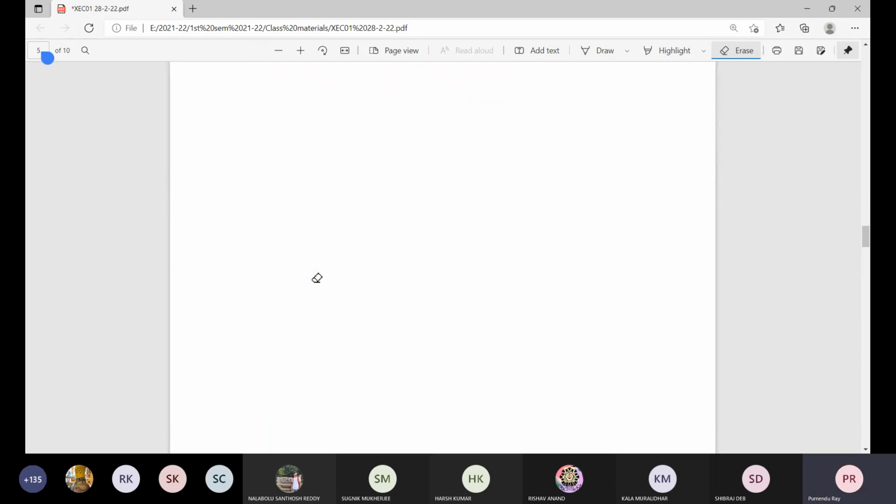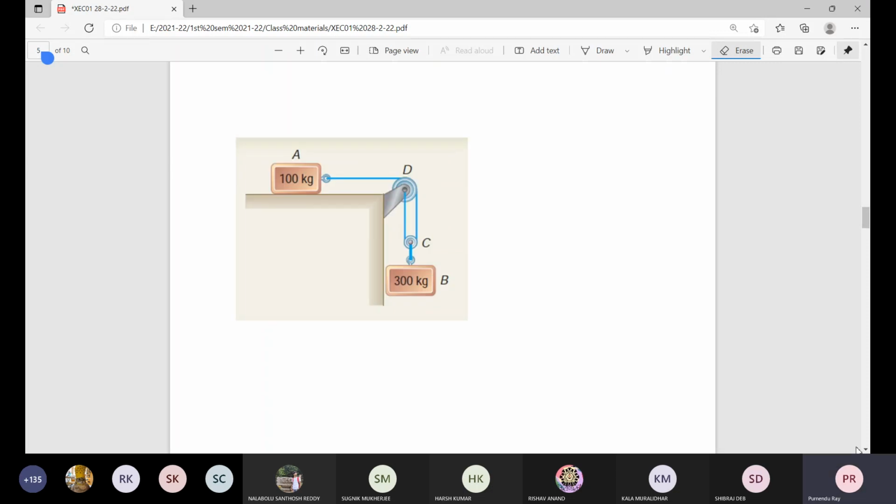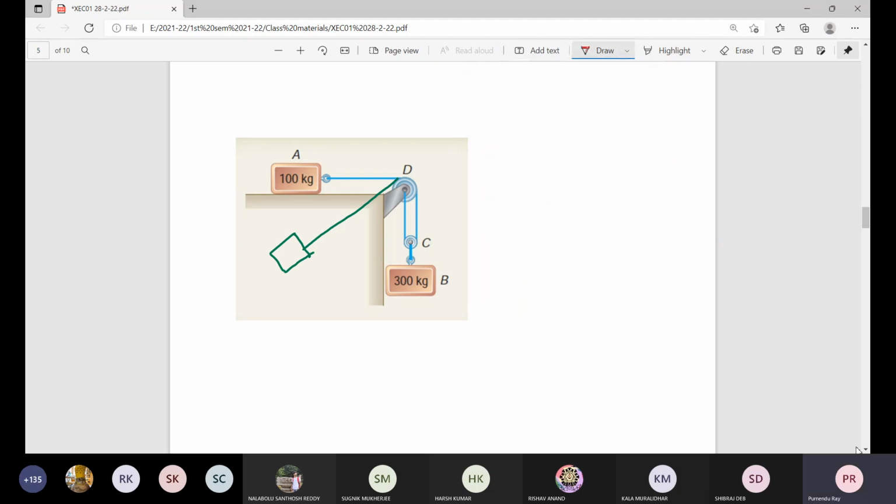Maybe the problem is modified a little bit. Instead of placing the 100 kg block on this horizontal table, suppose we have an inclined surface on which block A is placed.